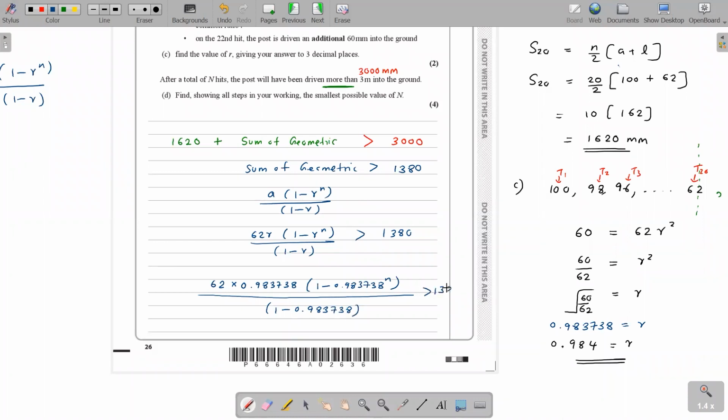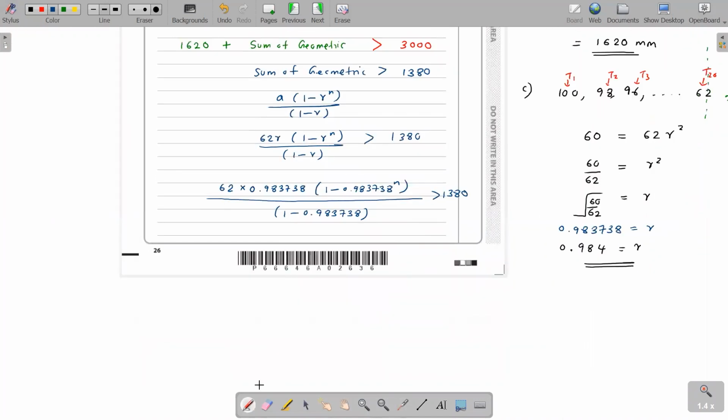Greater than 1380. Can you all quickly type this part in the calc? Let's take it all to the other side. 1 minus 0.983738 to the power n greater than, let's take all these numbers to the other side, 1380 multiplied by 1 minus 0.983738 over 62 times 0.983738.